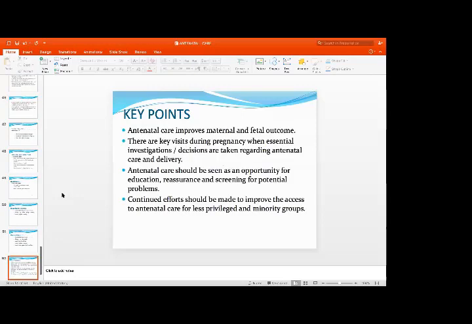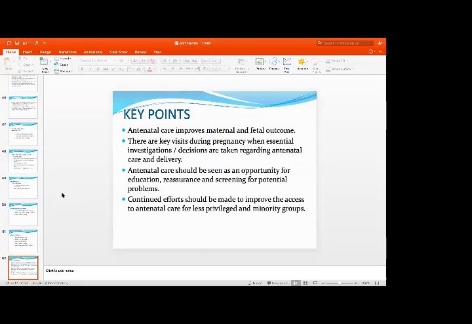So what are the key points or take-home messages of today's talk? That antenatal care improves maternal and fetal outcomes. So we are giving antenatal care to improve the outcome of pregnancy for both mother and fetus. There are key visits during pregnancy when essential investigations and decisions are taken regarding antenatal care and delivery.